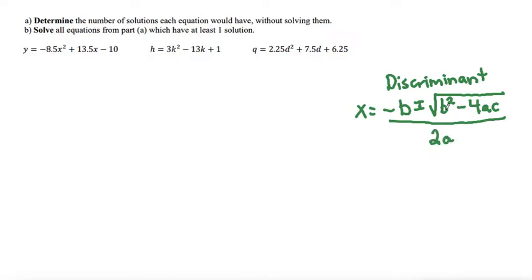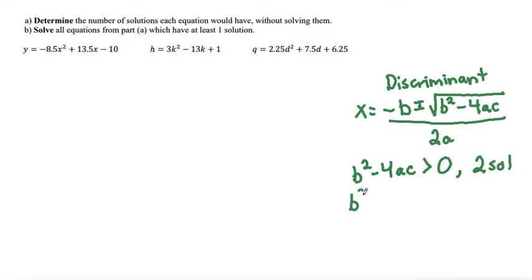The discriminant is the part of this equation that's under the radical. So the discriminant is the b squared minus 4ac part of the quadratic formula. And when that discriminant is greater than 0, that means you have two solutions.